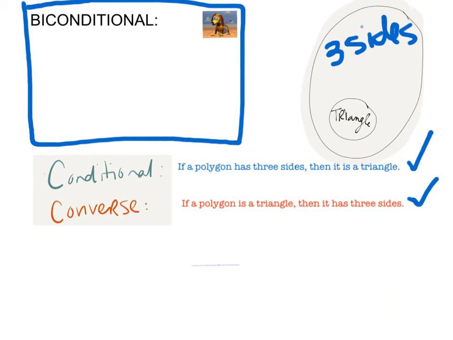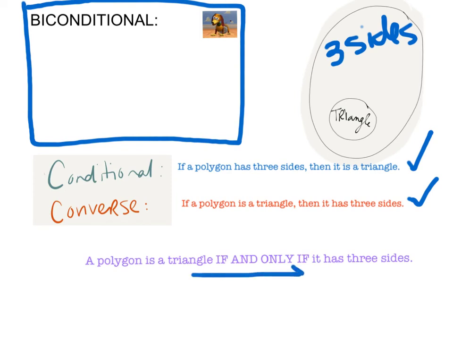In that case, if both the conditional and the converse are true, then it can be rewritten as a polygon is a triangle if and only if it has 3 sides. That's combining the conditional and the converse into one sentence that works this way and this way.